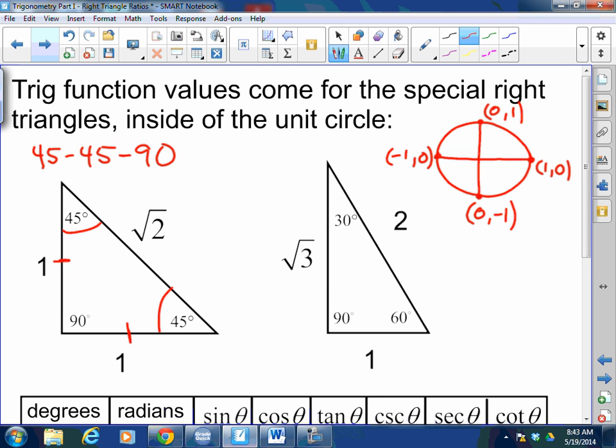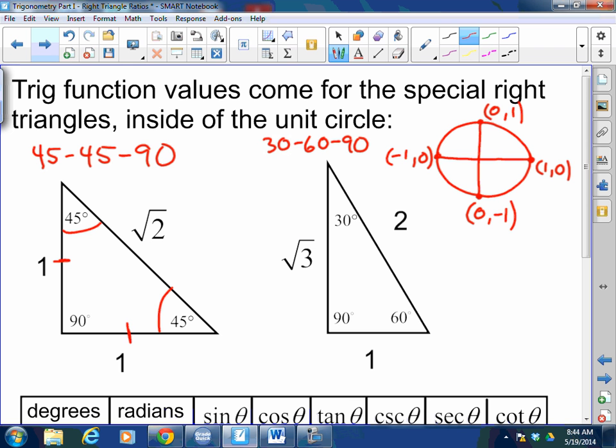The hypotenuse of a 45, 45, 90 is always square root of 2. Period. Memorize it, learn it, live it, love it. Always. For a 30, 60, 90 triangle, again, all of these are etched in stone. This is going to be a 30, 60, 90 forever. It doesn't matter how big of an angle they want.